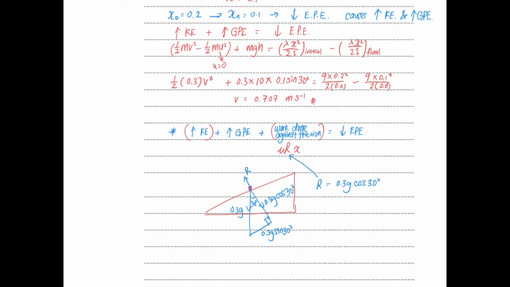The x is how much they move. Same as just now, originally 0.2, then the new x is 0.1, so it has moved by 0.1 meter. So x is 0.1 meter. Then you can work out the new greatest speed for this case.